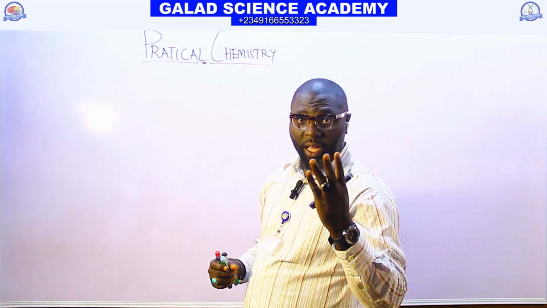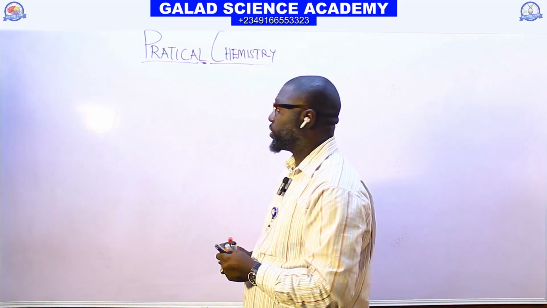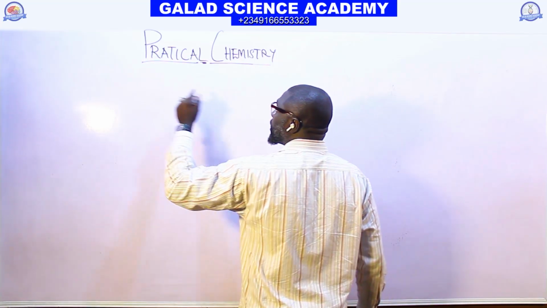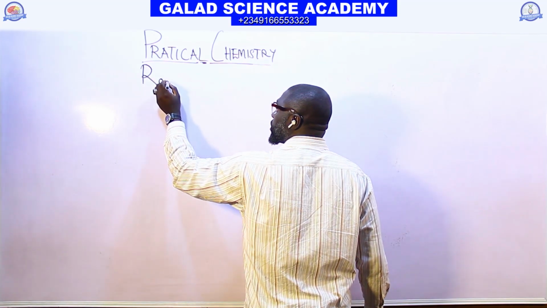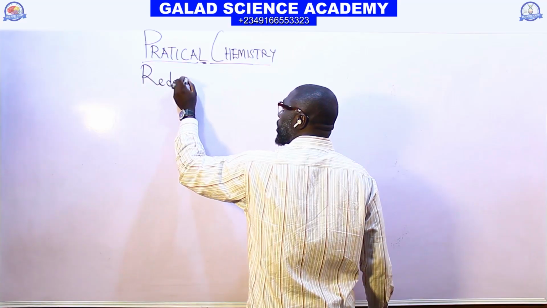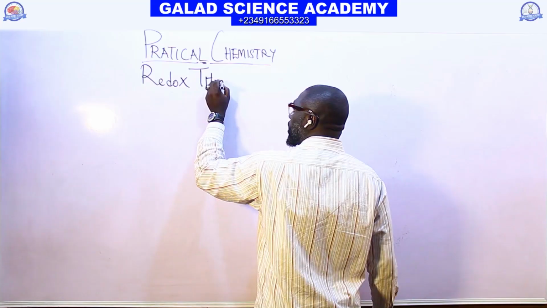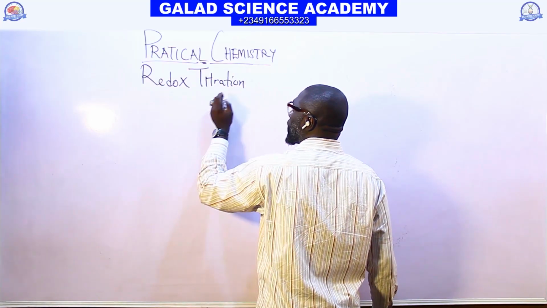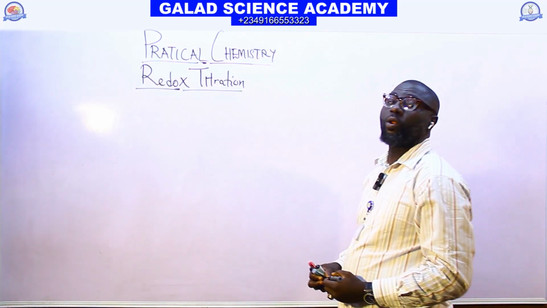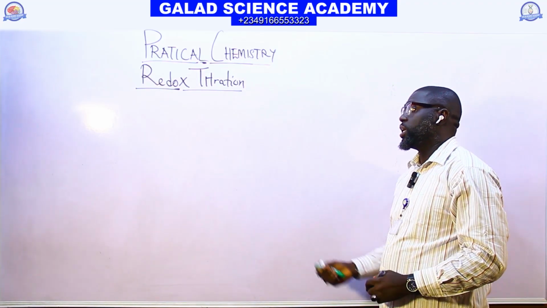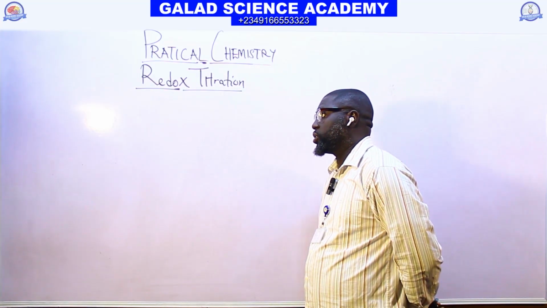I made mention that we have four types: acid-base, redox, precipitation, and complexometry. So let us look at the redox titration.